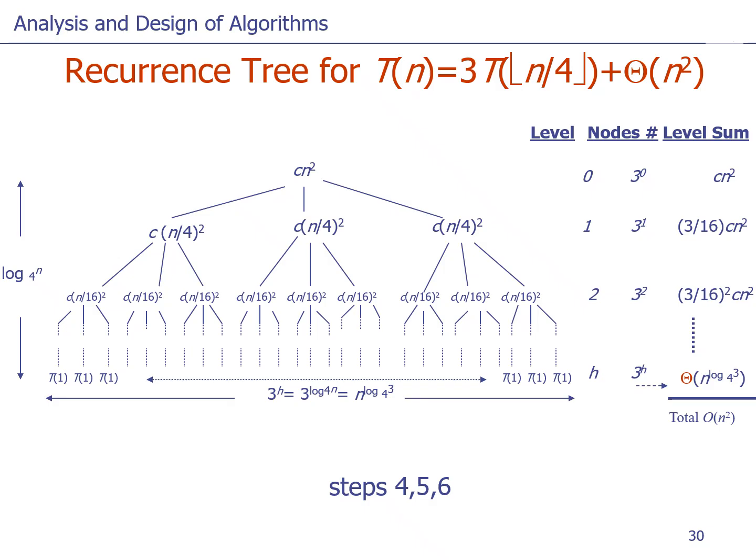So this is actually how we do it by intuition. We can just look at the first term and the last term in the level sum and decide which is bigger, and that will be the one that contributes to the biggest performance.